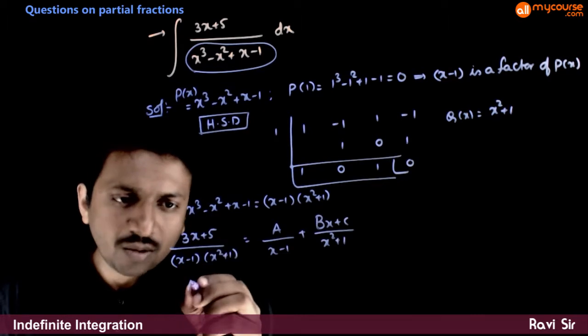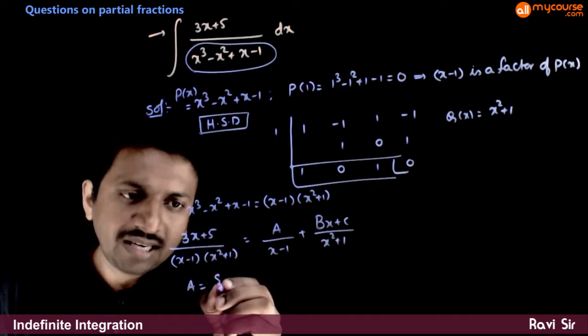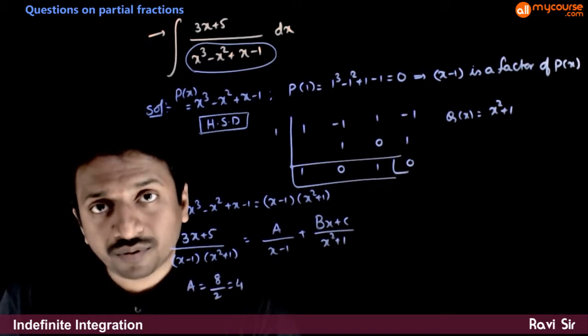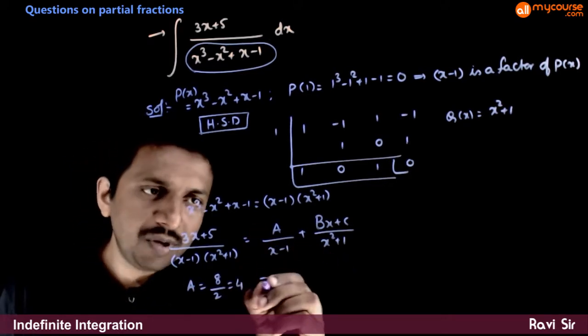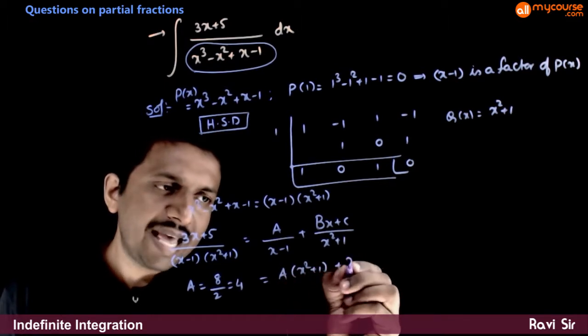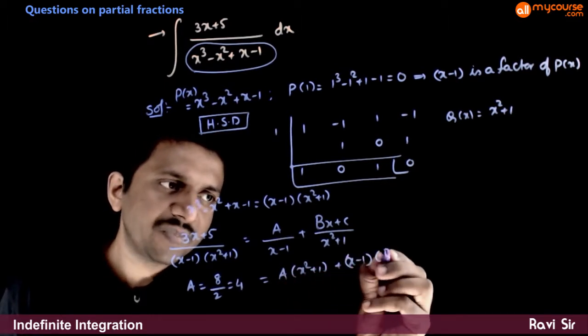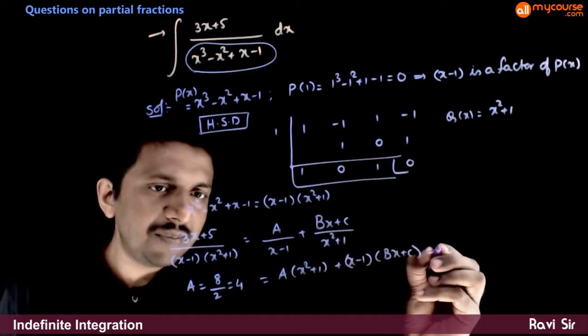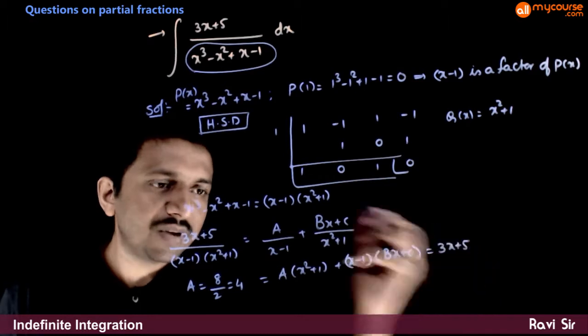If you put x equal to 1, you get 8 by 2, which is equal to 4. So a is equal to 4. And if you take the LCM, you get a times x square plus 1 plus x minus 1 times bx plus c. This has to be the same as my 3x plus 5.